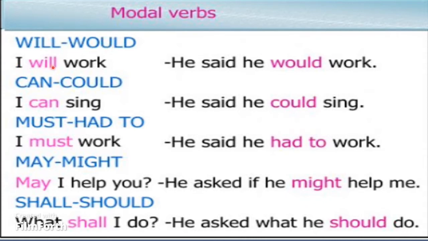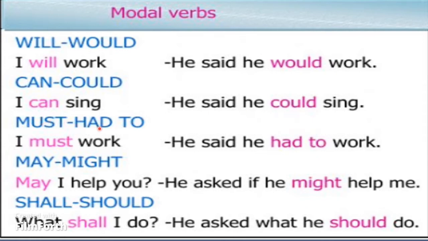If it is "I will work," in the indirect speech you will say he said that he would work. Can becomes could. "I can sing." So you will say he said that he could sing, or she said that she could sing.